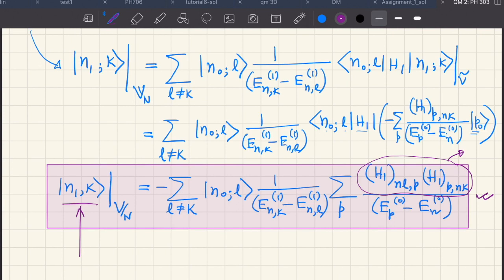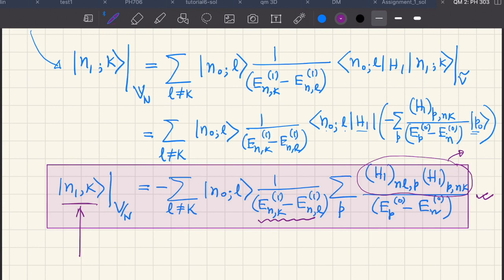The answer is that the energy denominator saves you. This energy denominator is also first order. So the numerator is second order, but the denominator is first order in perturbation, and hence the ratio is first order. Everything is absolutely okay.